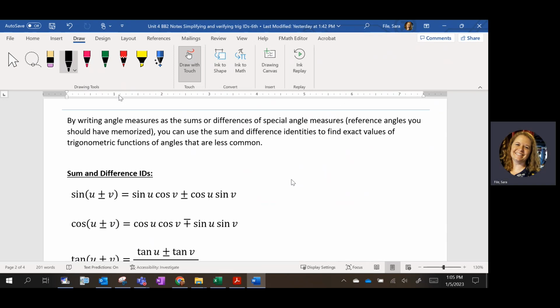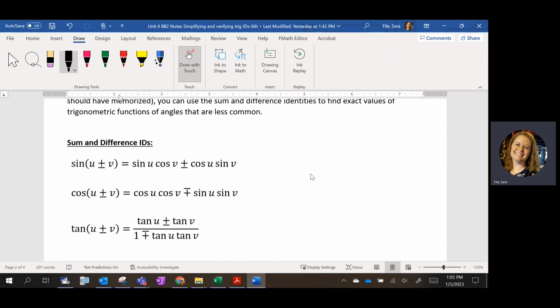So the part that we didn't get to yesterday in this class was sum and difference identities. So here they are, just listed out. If you can break an angle down into two angles that you know the values of, these sum and difference identities come in really handy. So if it's sine of the sum or difference of two angles, this is what it expands to.